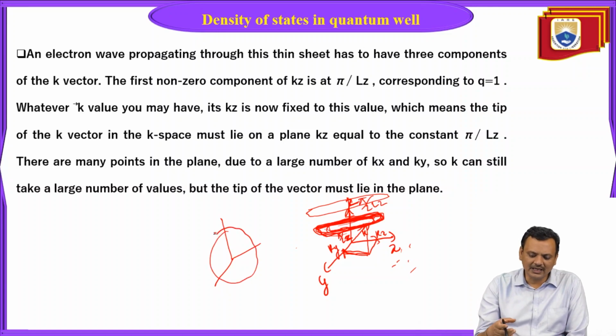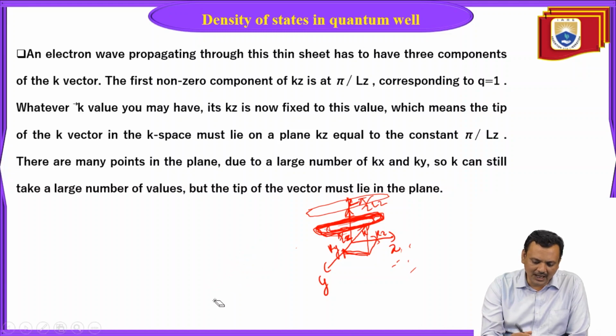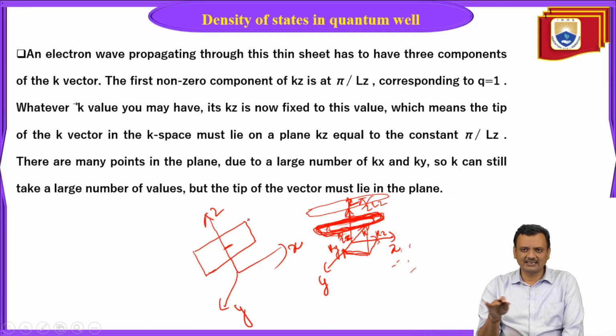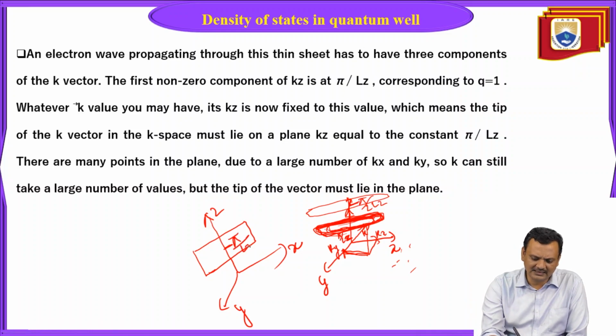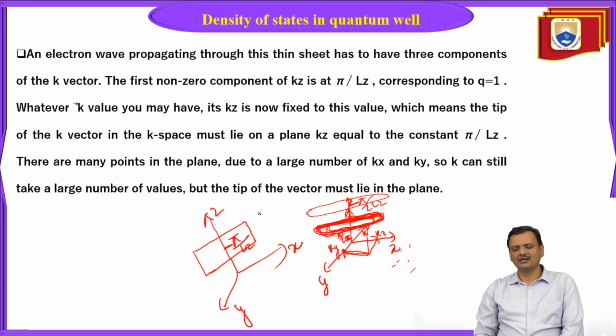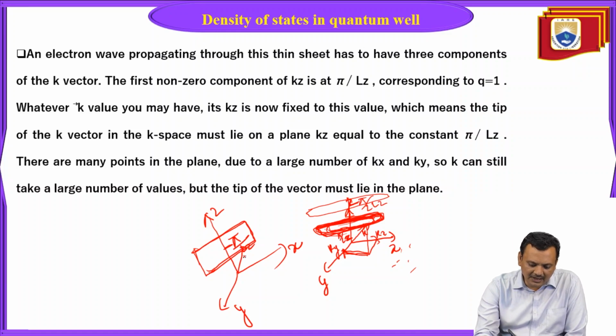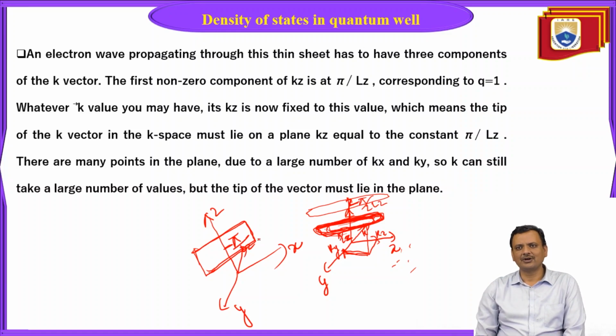But here, your area of concern will be a kind of plane which passes through the z axis, parallel to the xy plane, and it will bisect the z axis at pi upon Lz perpendicularly. So in this case, your area of concern is this plane where the k vector tip will always lie.